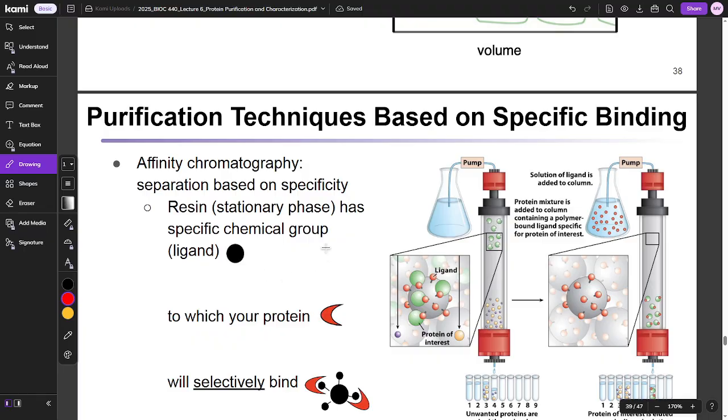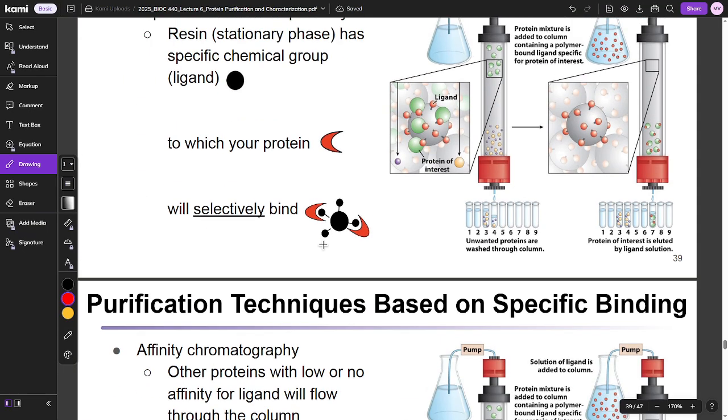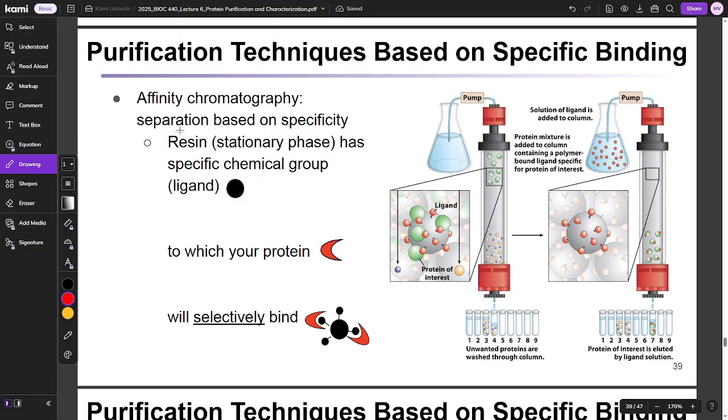Affinity chromatography is just about ligands. You're basically using a resin that has a chemical group, a ligand, on it, and you want to see if the protein you're looking at actually binds the ligand.